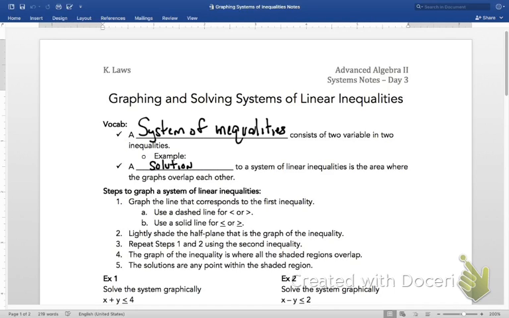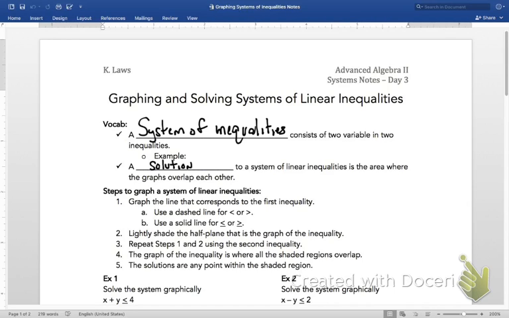Okay, and then repeat steps 1 and 2 basically for the second inequality. Wherever the two sets of shading overlap one another, that's the solution. That's anything inside that shaded area. Okay, so anything inside that shaded area, it's not just a single point like it was before. Before, it's that single intersection point that they have, whereas here, there's a lot more values that can be a solution.